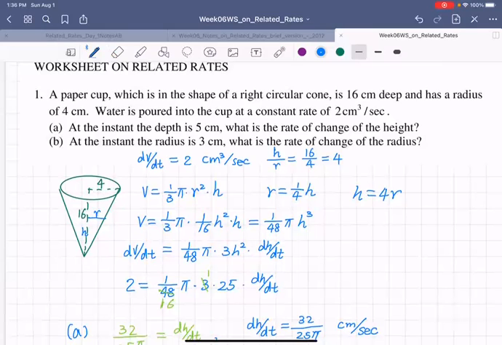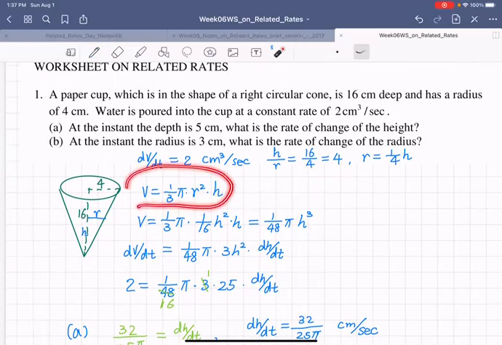And they ask us the rate of change of the height. So they ask for dH over dt, which means we want to replace the radius. So R is how much? R would be 1/4 H. That's right. R will be 1/4 times H, okay?